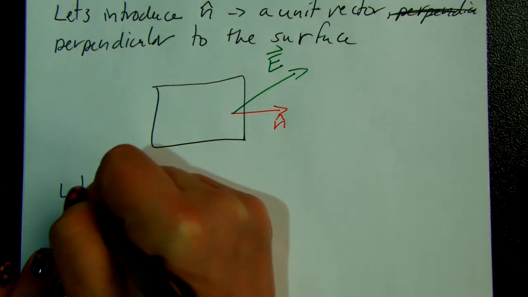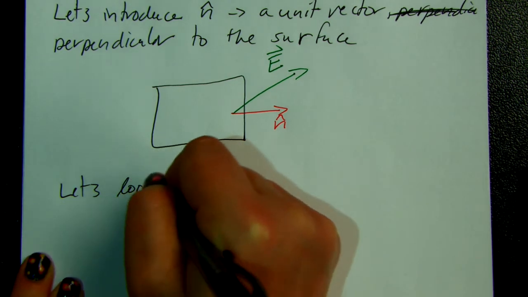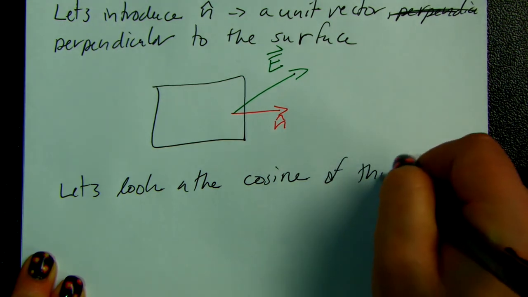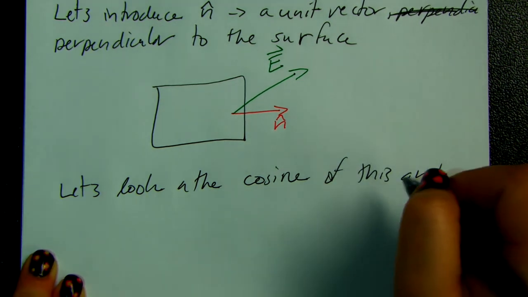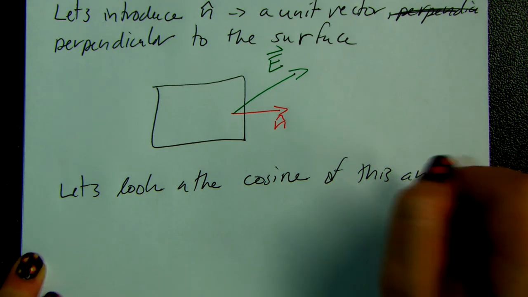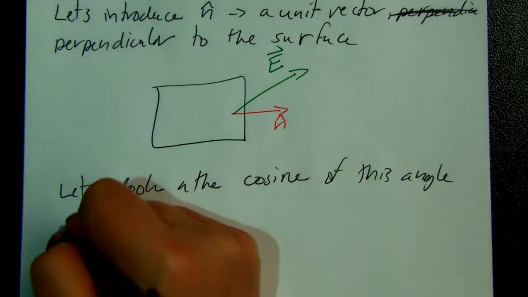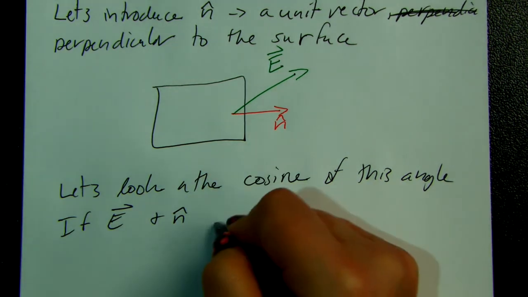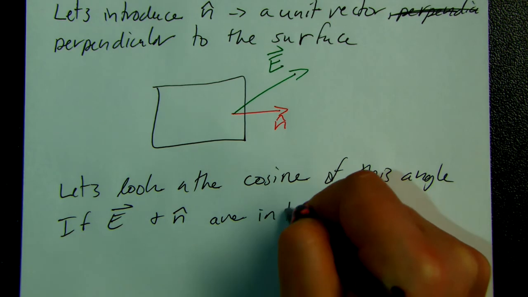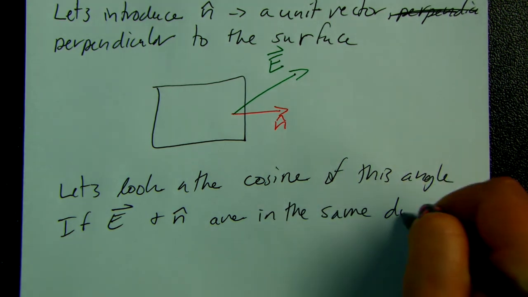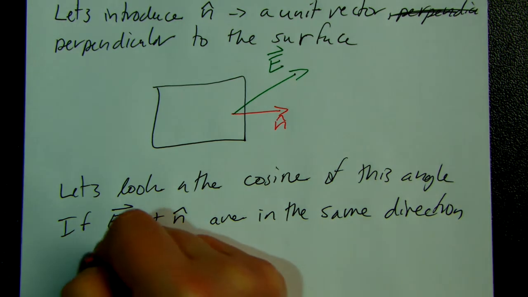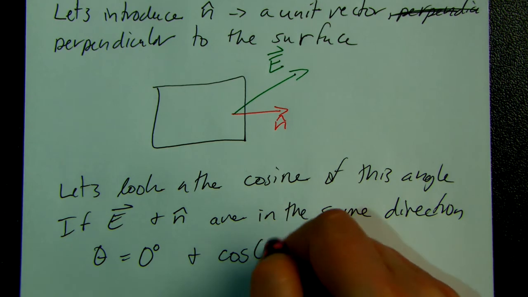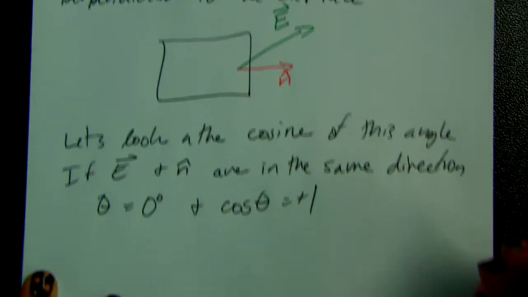So let's look at the cosine of this angle. Oh my goodness, doesn't cosine run from -1 to 1? Why, I think it does. If the electric field and n hat are in the same direction, theta equals 0 degrees, and then cosine theta is +1.